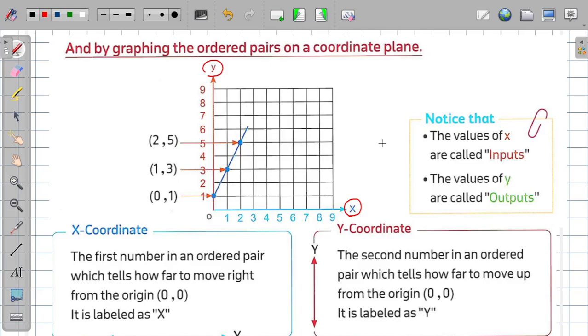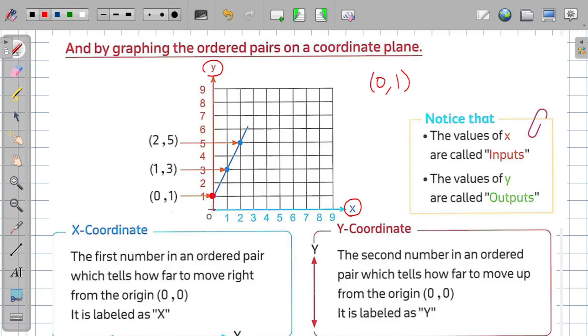Okay, so if I have the first ordered pair 0 and 1, what can I do? I will go on the x-axis to 0, so I will stop here, and I will go on the y-axis to 1, so I will go to this point.